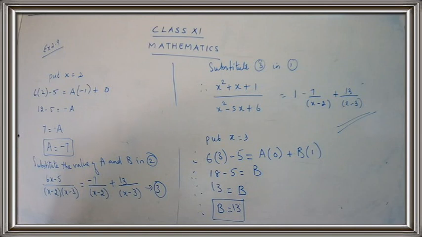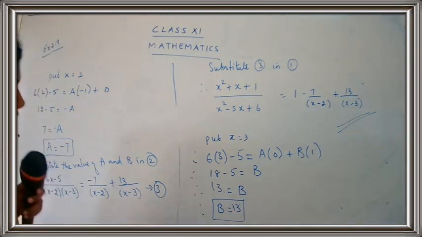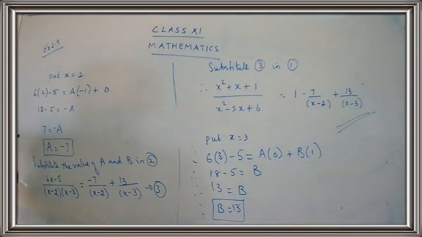Write down the 8th question. This is again of the same type. Let us do one more sum of this type so that you will be clear with it. Write down the question: x cube plus 2x plus 1 upon x square plus 5x plus 6. Shall I rub the answers, children?